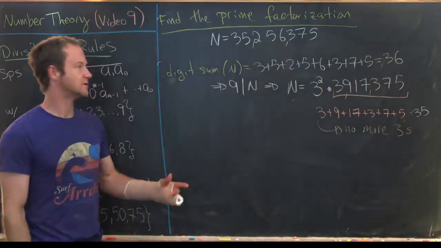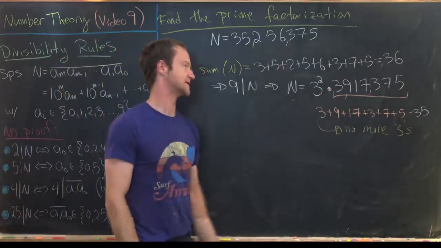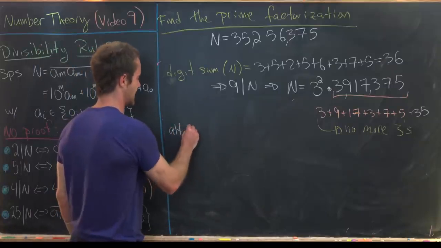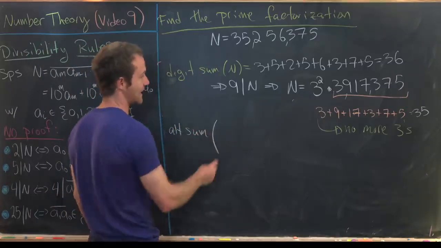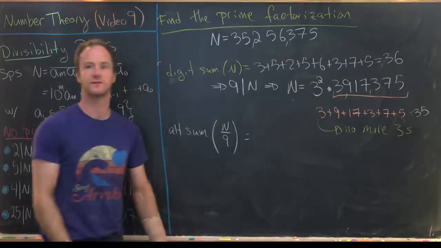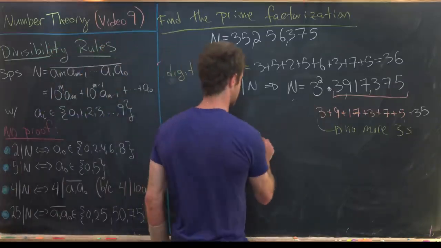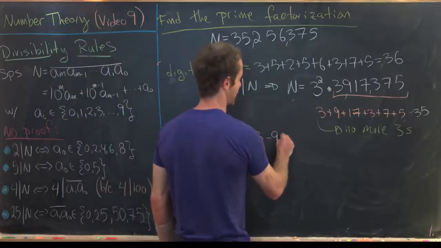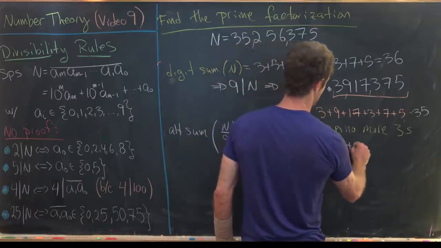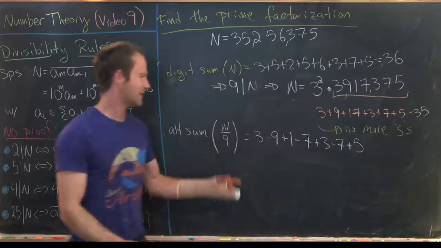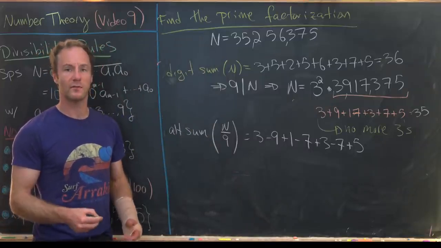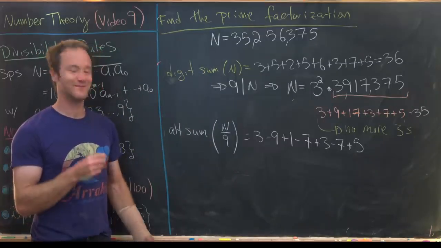Okay. So now let's do the alternating sum on this leftover bit. So we've got the alternating sum of the leftover bit. I'll just notate that as n over 9 because that's what that number is right there. So that's going to give us 3 minus 9 plus 1 minus 7 plus 3 minus 7 plus 5. You might say, well, I did this a little bit differently than the order in the proof of the theorem, but it's really the same.